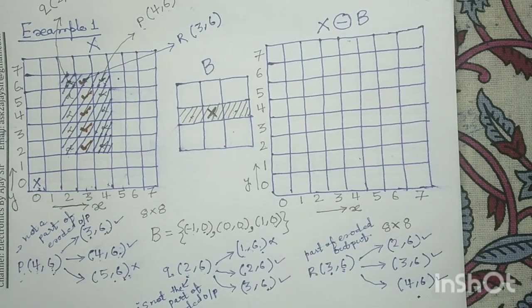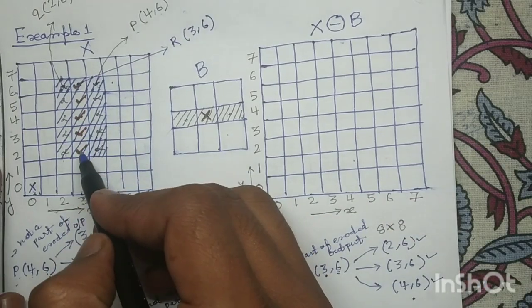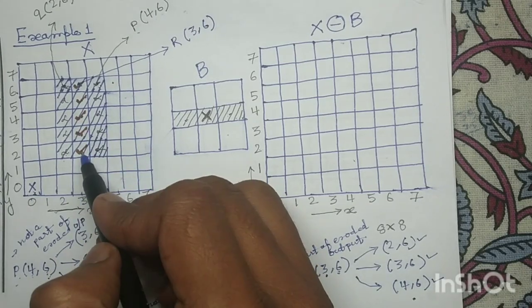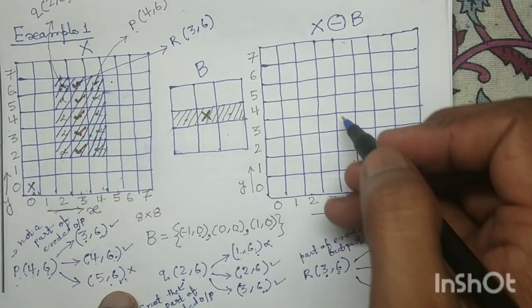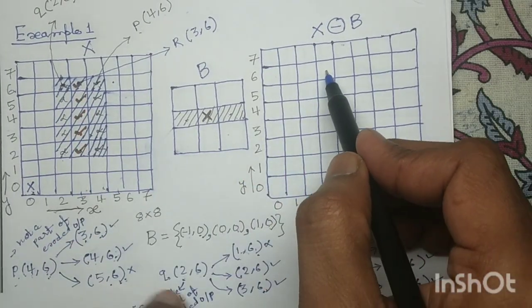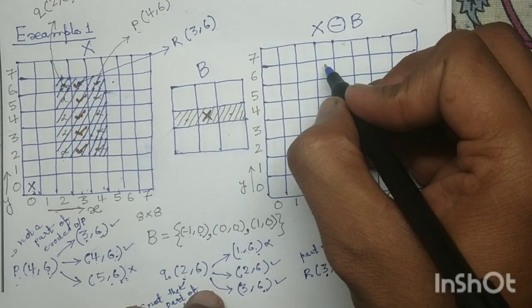So in the output image, since only these 5 pixels satisfy the necessary condition of the erosion operation, only these 5 pixels will be part of the eroded output. So in the output image we will mark these 5 pixels.